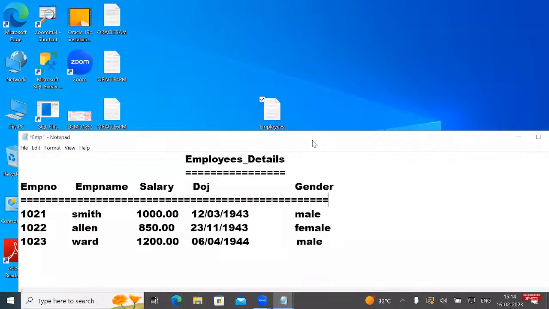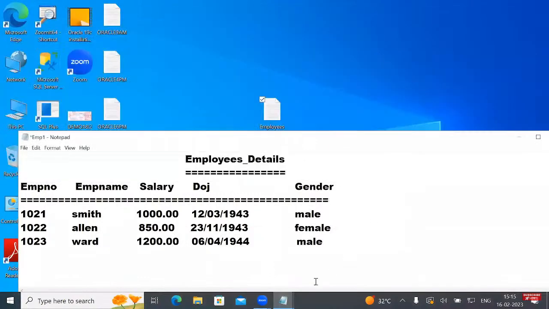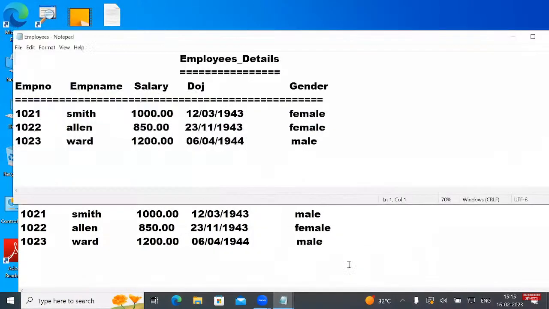So when are you getting confusion, with one file or two files? Two files. When you have two files, you get confusion. Two files means duplicates. So whenever we have duplicate data, there is a chance of data inconsistency.